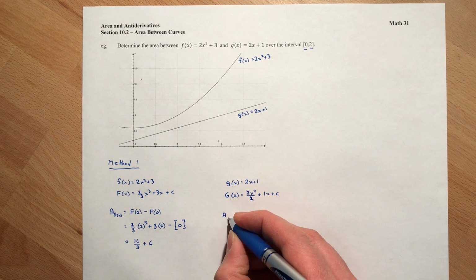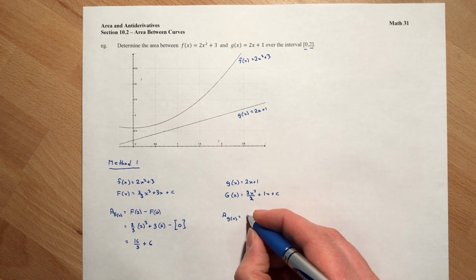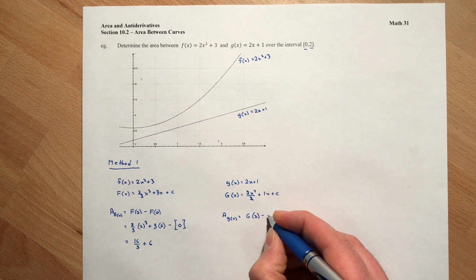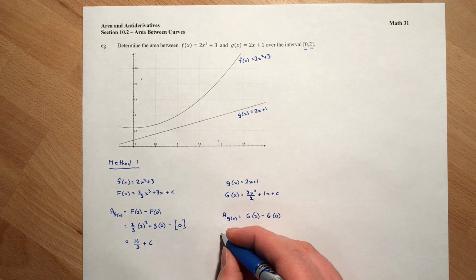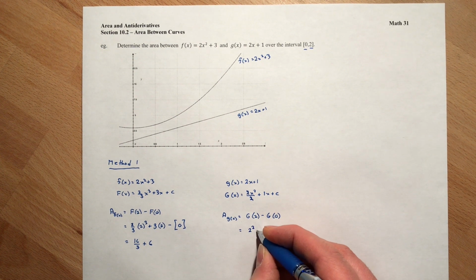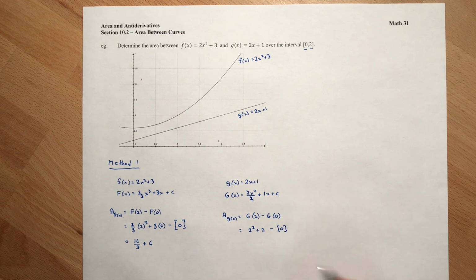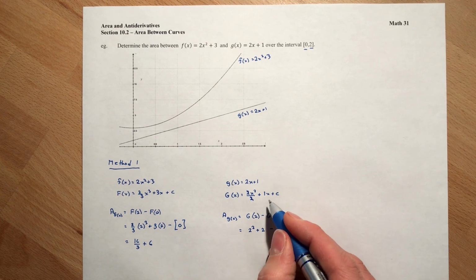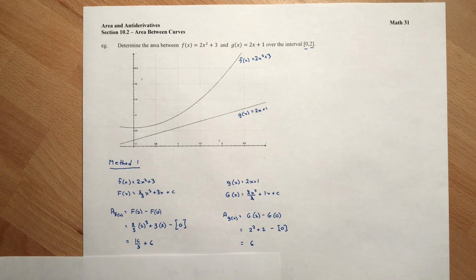So then the area that I have under g of x is just going to be G of 2 minus G of 0. I'm just going over the same range we had before. And so that is going to give me 2 squared plus 2, and then minus again just that 0 for the G of 0. And so this one overall is just going to give us 6.